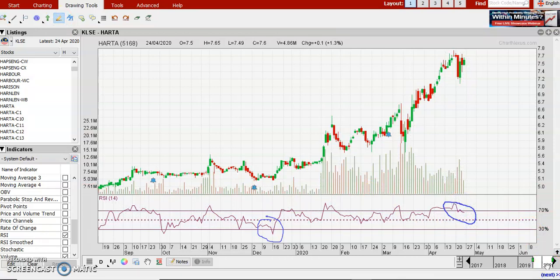We can see that the RSI just crossed below the overbought line. We know that when it crosses below the overbought line, it indicates a selling signal.